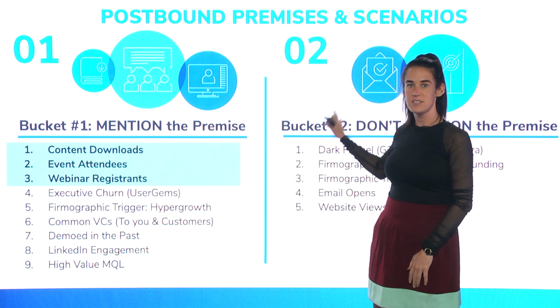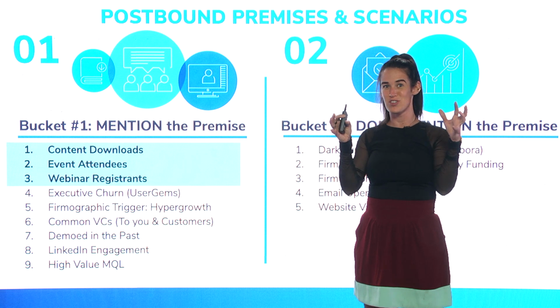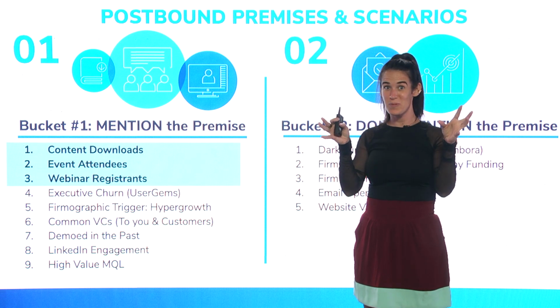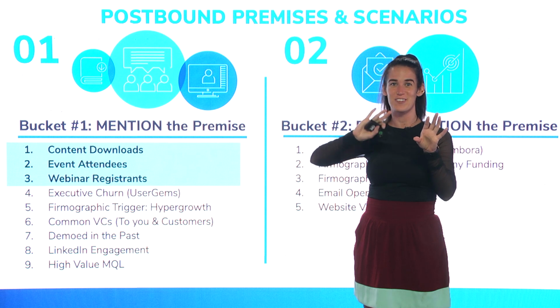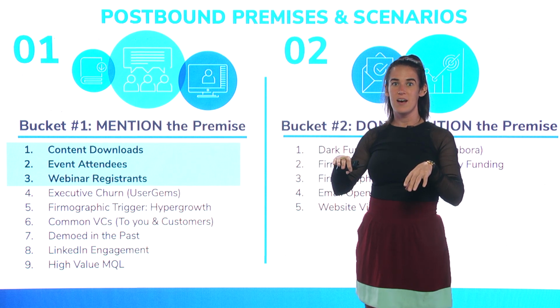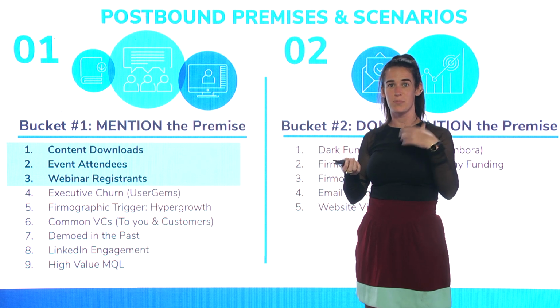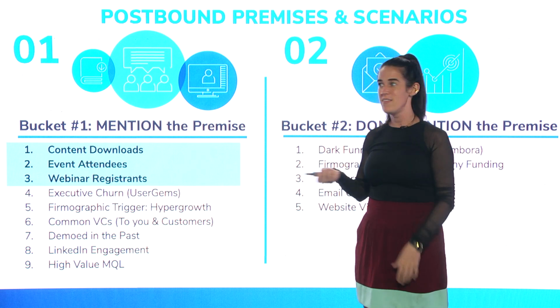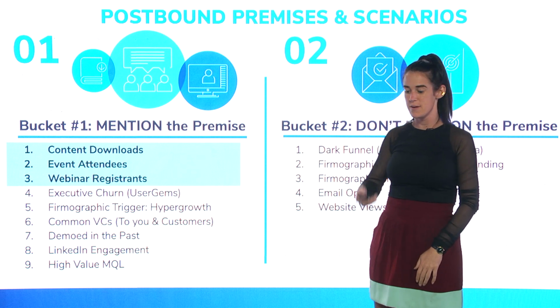But this is an exhaustive deck, and I have a sequence built for each one of them that looks the same in terms of structure, the same in terms of touch points, the same in terms of how many calls and emails they have. Another session for another time. But they all have a little bit different messaging based on the personalized premise to the prospect that I'm talking to, and then, of course, the postbound mention of whatever action they took from marketing that helped them get to know your company.